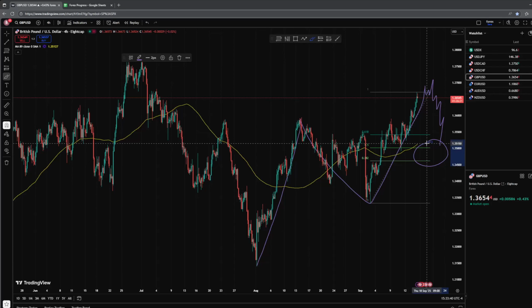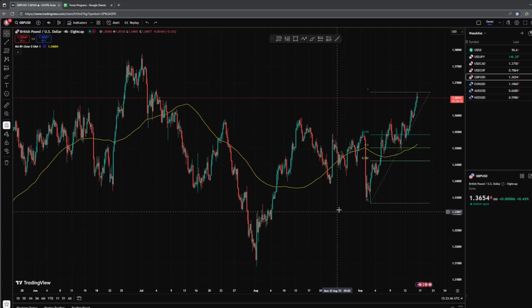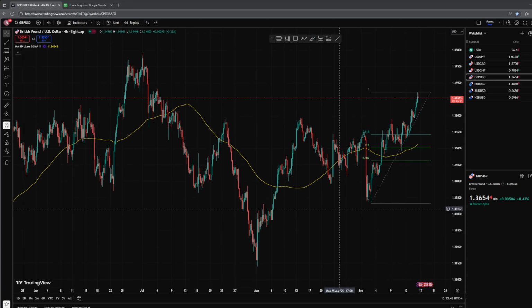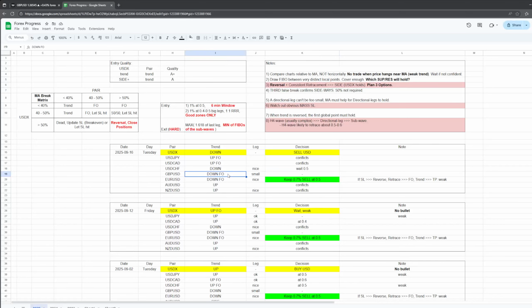Then we're going to start buying pound USD. Until that, we're going to wait. So let's write it down. Pound USD trend is up, leg size is okay, and our decision is wait for a 50% retracement.